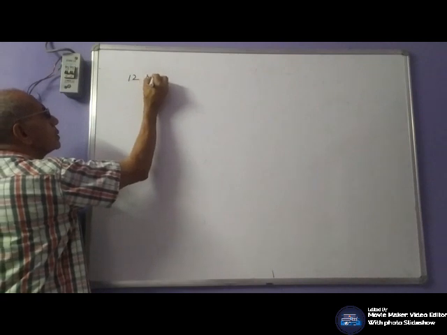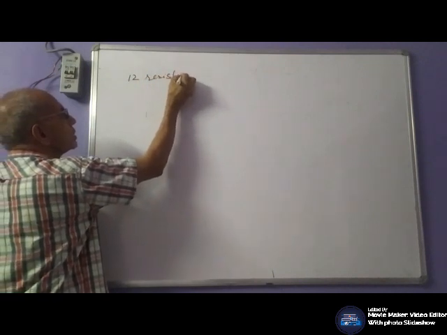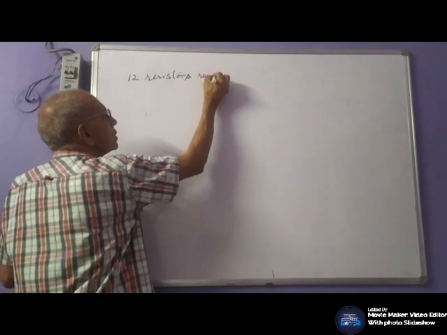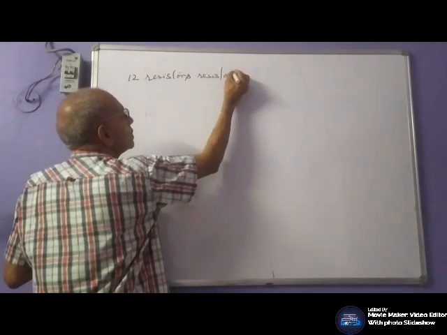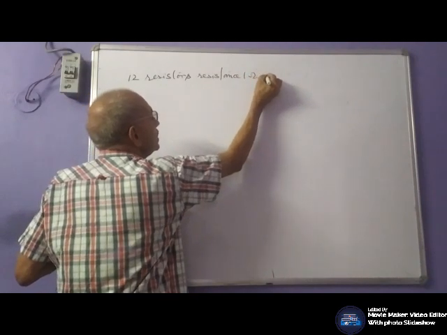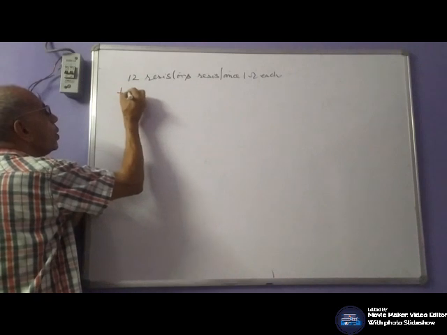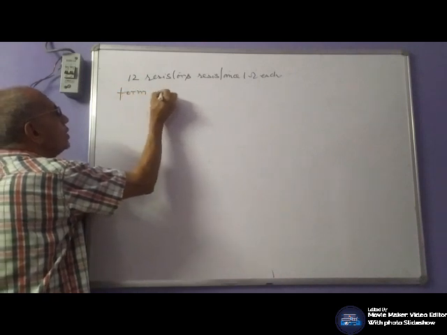Well, resistors. Resistance 1 ohm each form a cube.